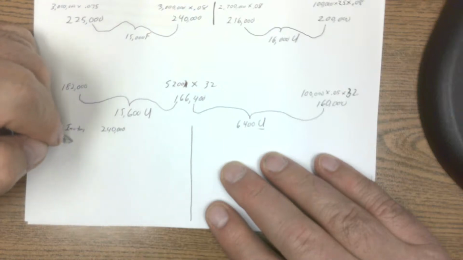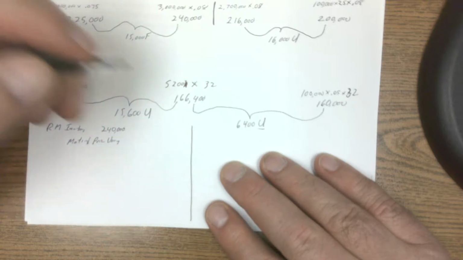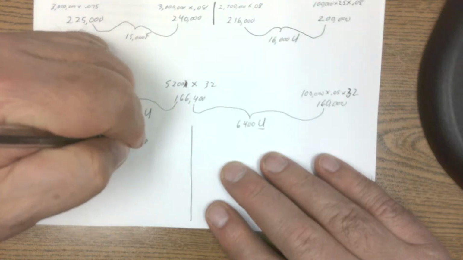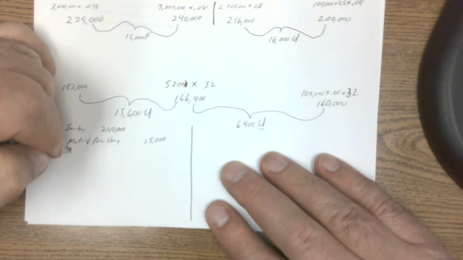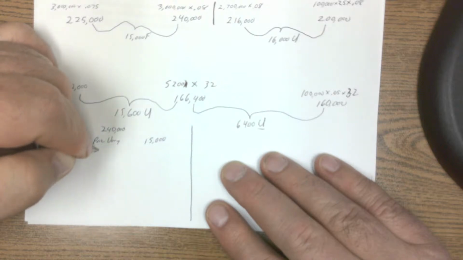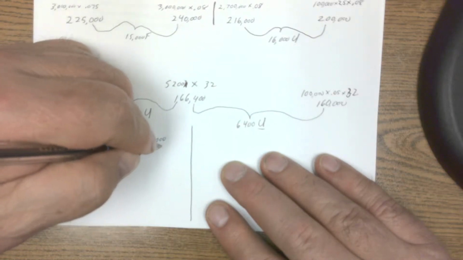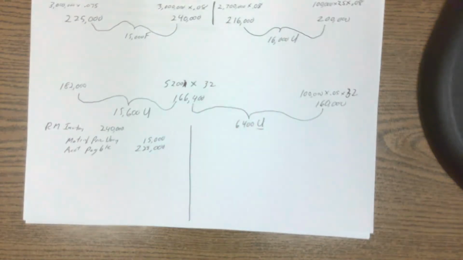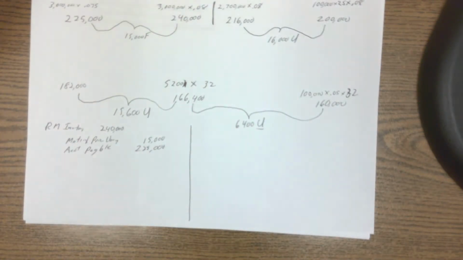We're going to have materials price variance of 15,000 and accounts payable for 225,000. That takes care of that one. Then we need this one.